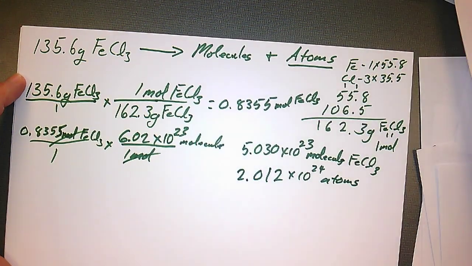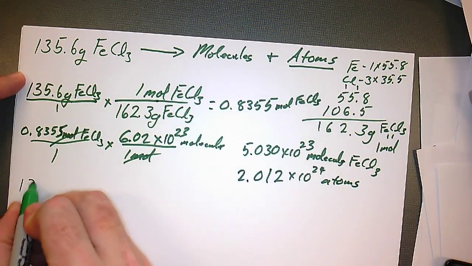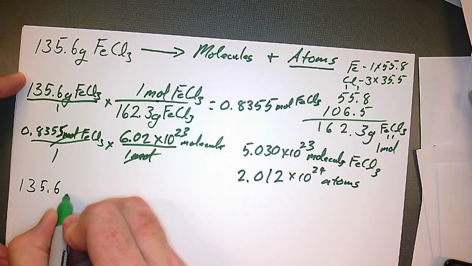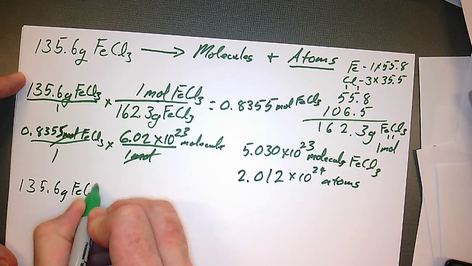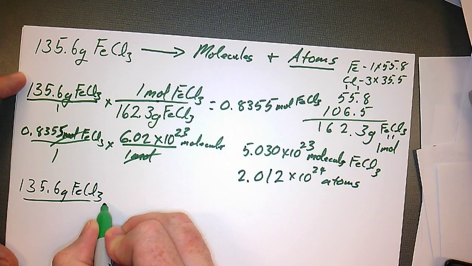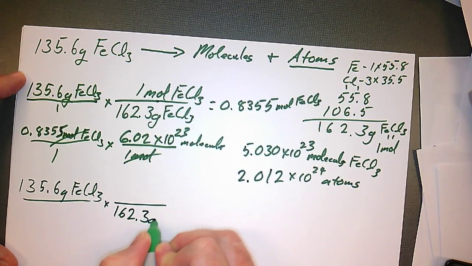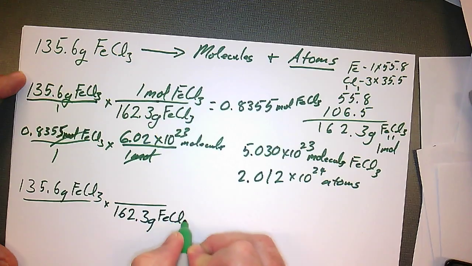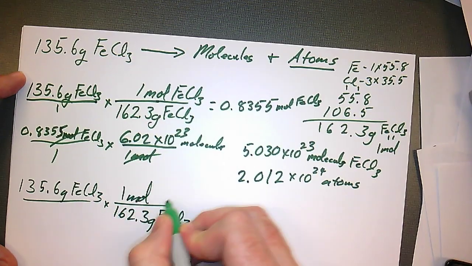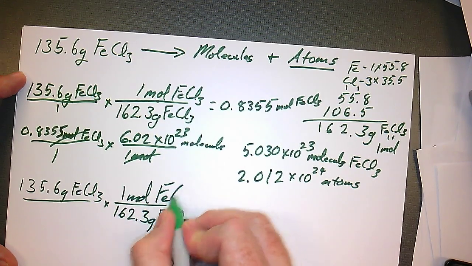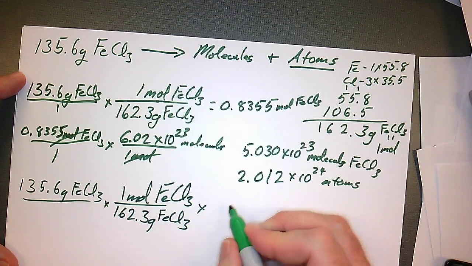I will real quick. Okay, so we start off exactly the same, 135.6 grams FeCl3. If I have grams on top, where's it go on the next step? Bottom. And all we do is we just don't stop. FeCl3 and 1 mole. Now, if I have moles FeCl3 on top, where's it go on the next step? Bottom.